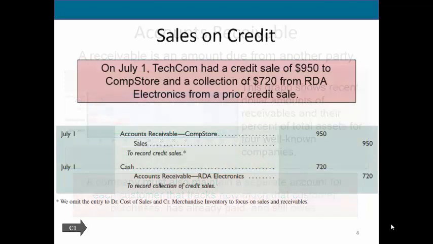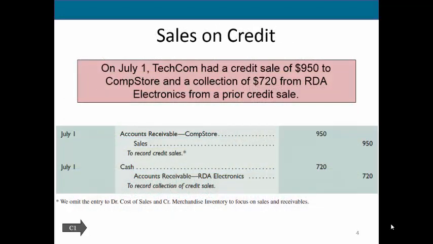So our accounts receivable, just a basic example, this is not new, but on July 1st we had a company and they made a sale. It's a credit sale of $950, and then a couple days later, we make a collection from another sale. So let's look at these basic entries.